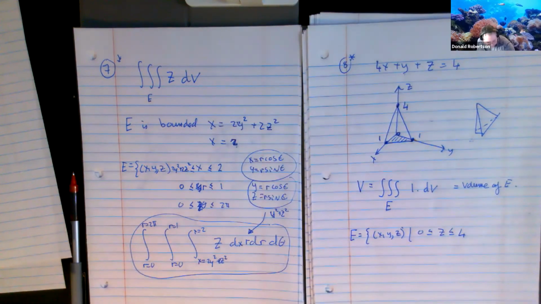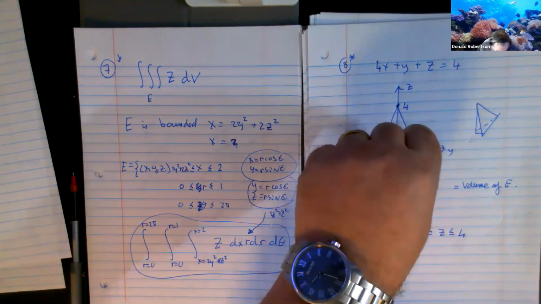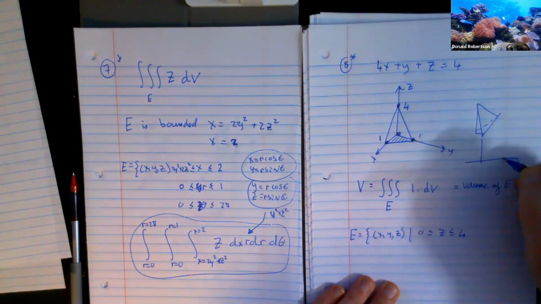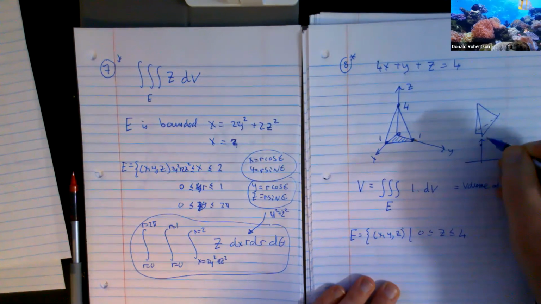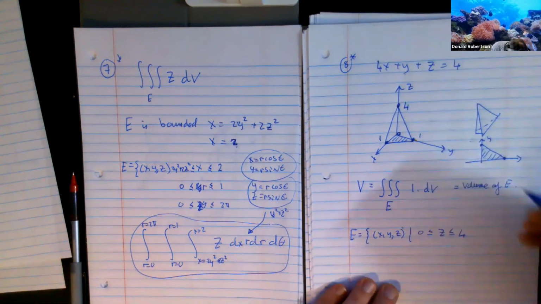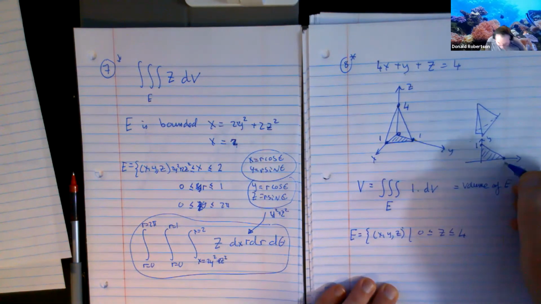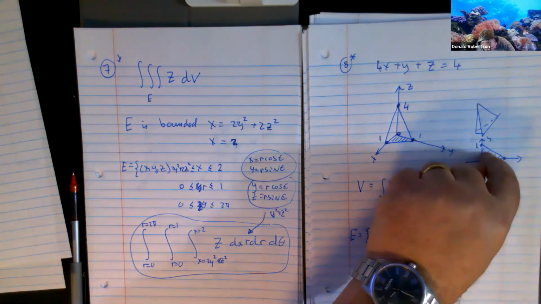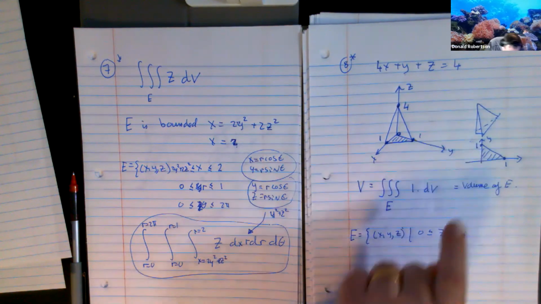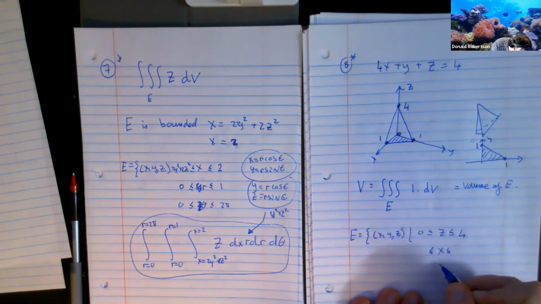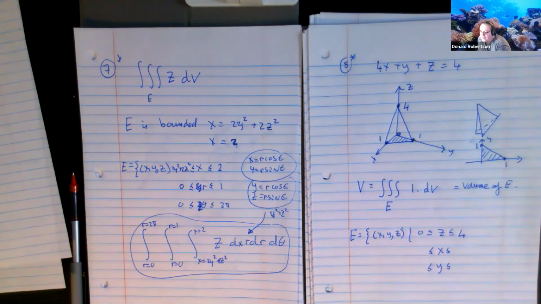Right. Now, the floor is a triangle. That triangle, if you orientate it a little bit more in this direction, is this triangle here. I want to find this two-dimensional region because it's going to tell me who the X's and who the Y's are, in no particular order. And I'll be done.